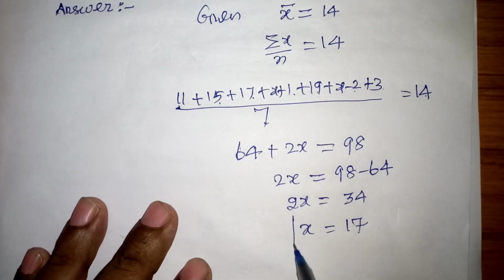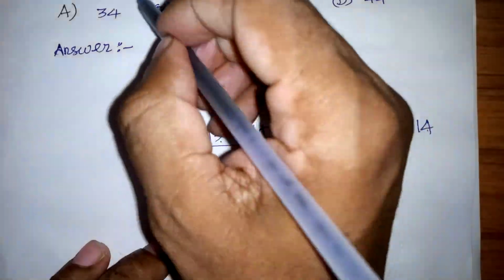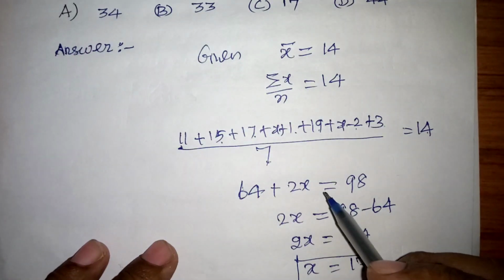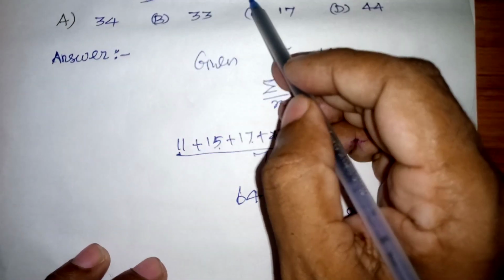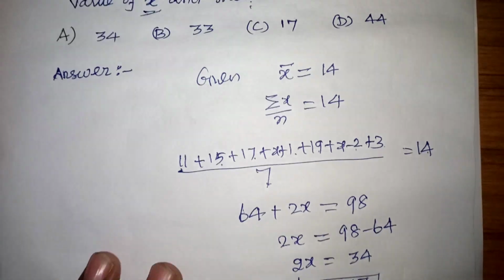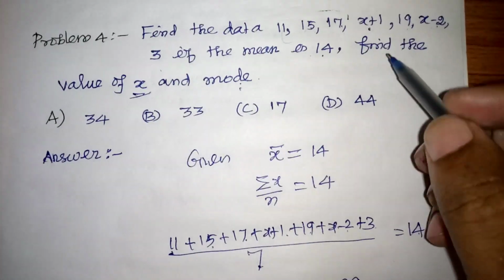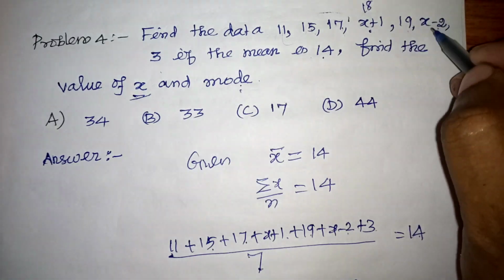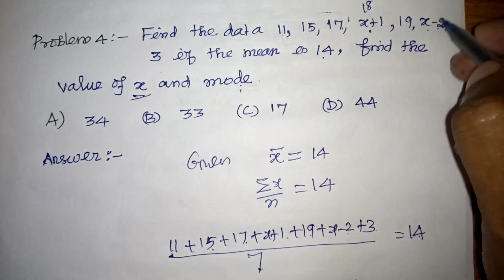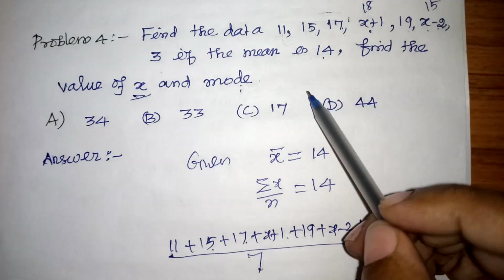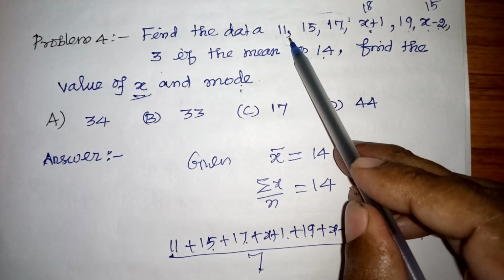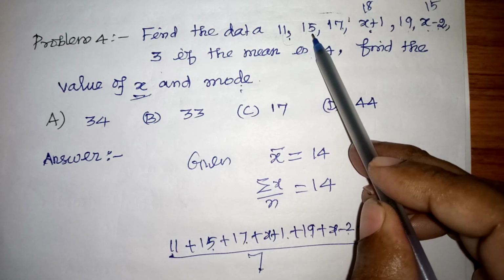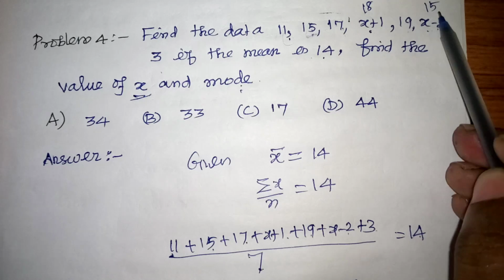Now we have x equal to 17. The question first asks the x value, 17, and what is the mode? Substituting 17: 17 plus 1 is 18, 17 minus 2 is equal to 15. Now see the mode value. 11 occurs a single time, 15 occurs 2 times.